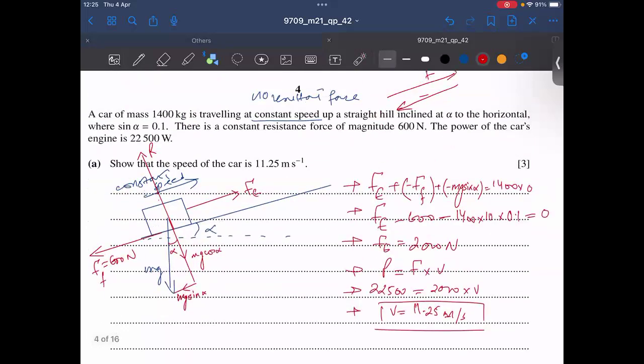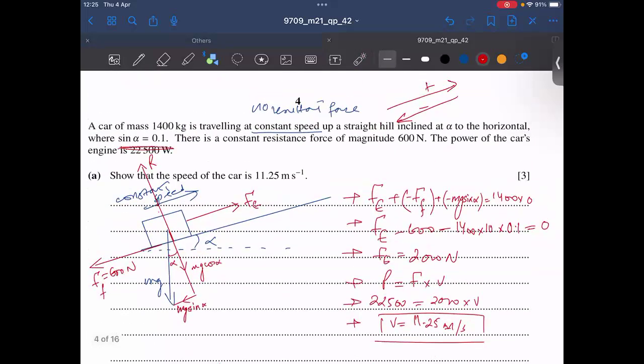If you take sine inverse 0.1, it gives you 5, which means the angle is around 6 degrees. Now, as you move along the hill, you will reach a point beyond which this inclination reduces from 6 degrees to 2 degrees.